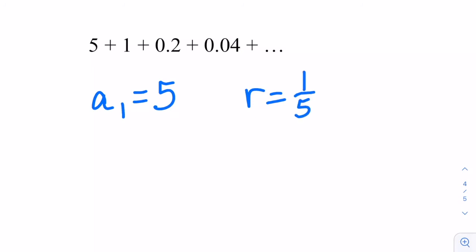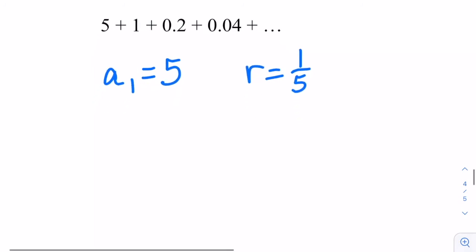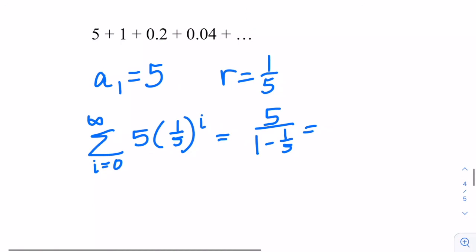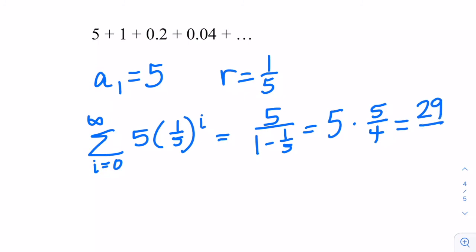So if we're going to find the sum of that, I'll just rewrite this as the sum of 5 times 1/5, going to infinity. So this will be 5 over 1 minus 1/5. And so 5 divided by 4/5, or 5 times 5/4, would give us 25 over 4.